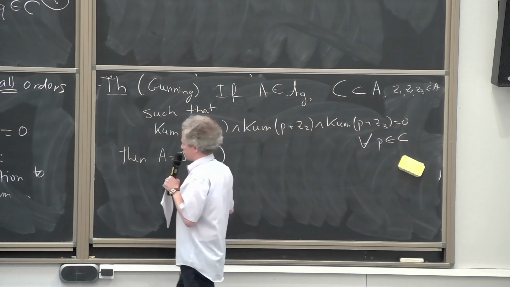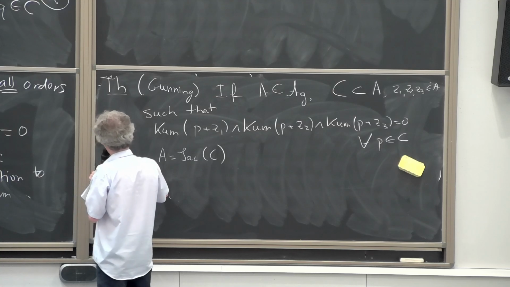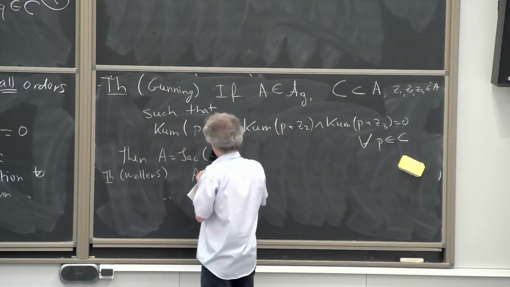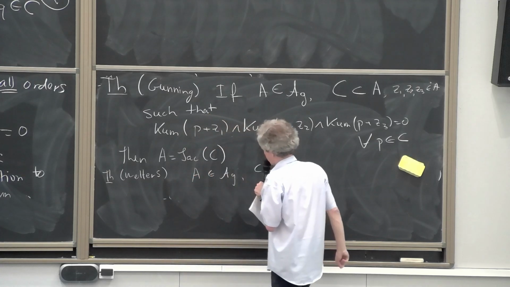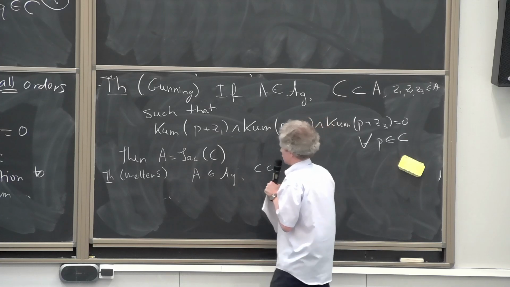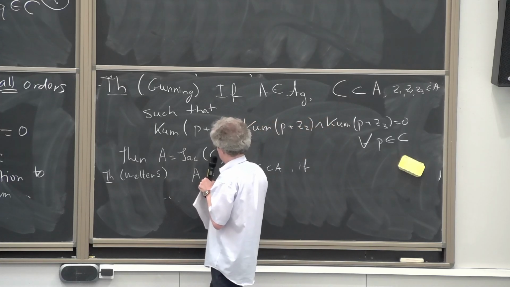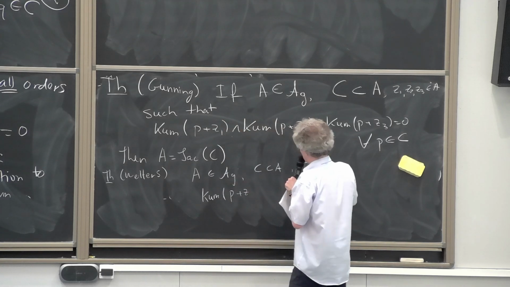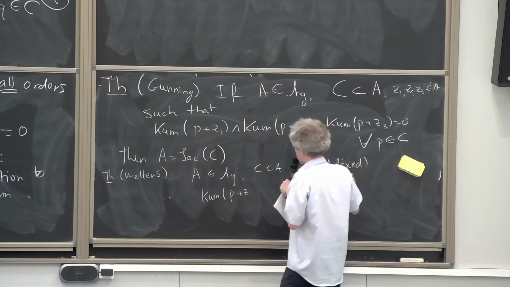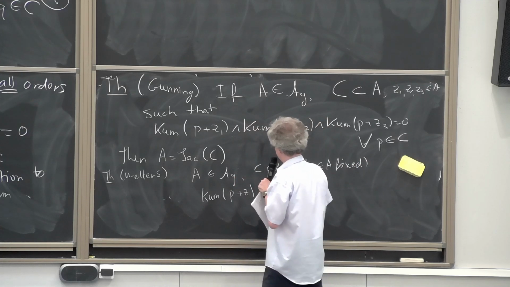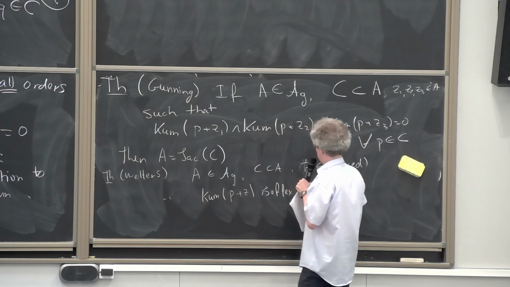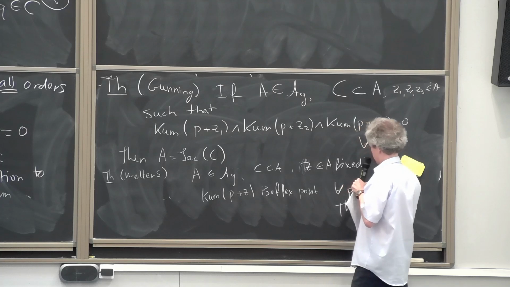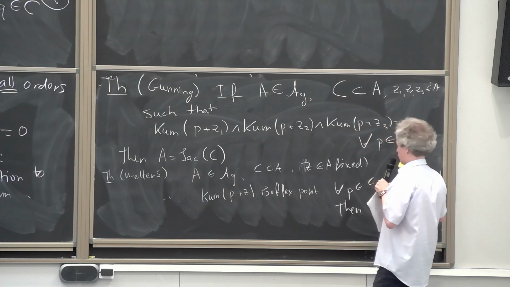You can have a souped-up version. Theorem, this is due to Welters, essentially. It says, again, you have A, you have a curve, and then if the Kummer image of P plus Z, I mean, Z in A is fixed, is a flex point for any P, then the abelian variety is again a Jacobian.